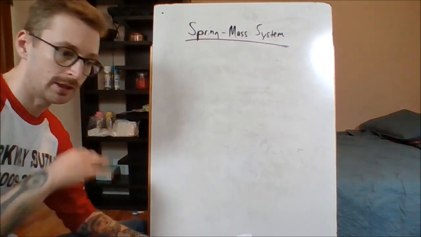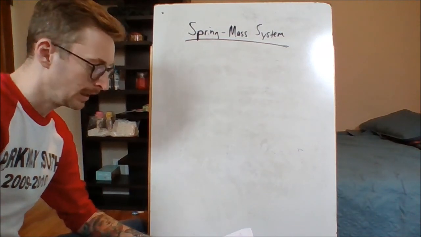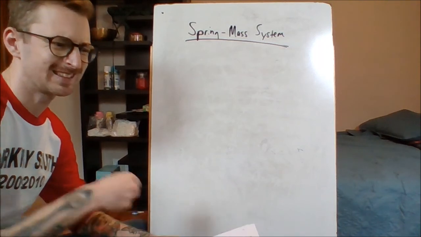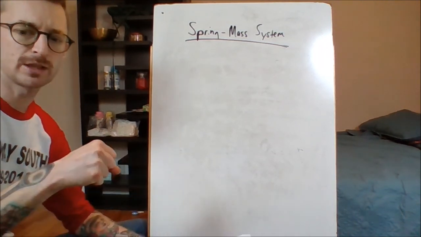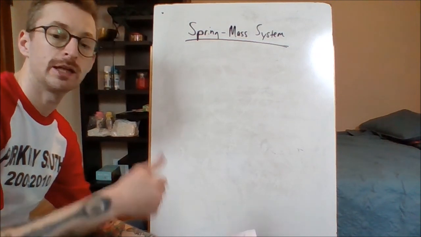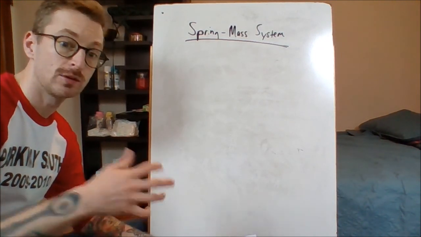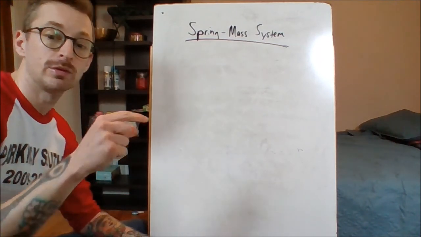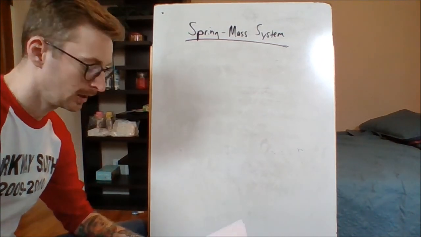So an increase in amplitude has no effect on the period. The other thing was to change the spring constant, the stiffness of the spring. If we increase the spring constant, we get a greater force, a greater acceleration, and that would decrease our period.